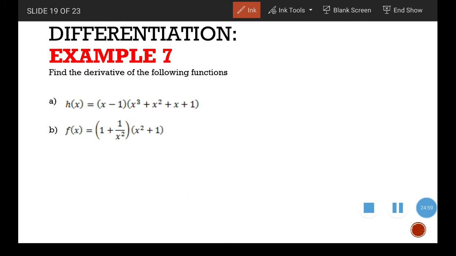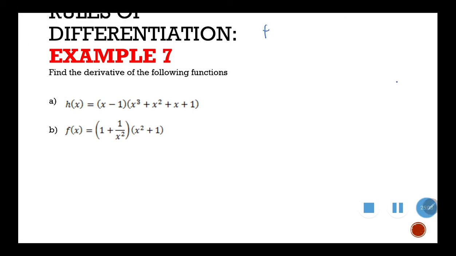Okay, now this is D, so this should be E. For E, y is 2 thirds times x minus 1 times 4x plus 1 to the power of minus 1.